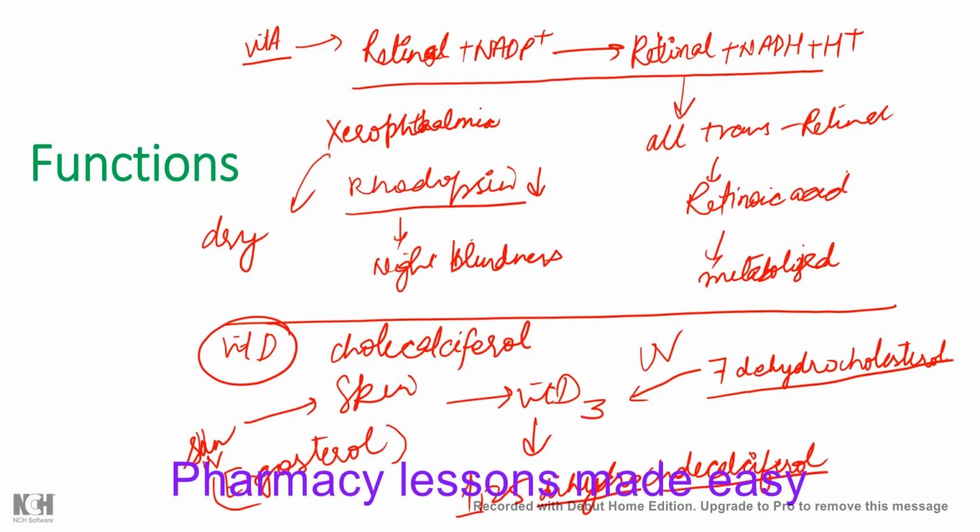So this 1,25-dihydroxycholecalciferol is formed from cholecalciferol, and this reaction is actually a hydroxylation reaction two times.